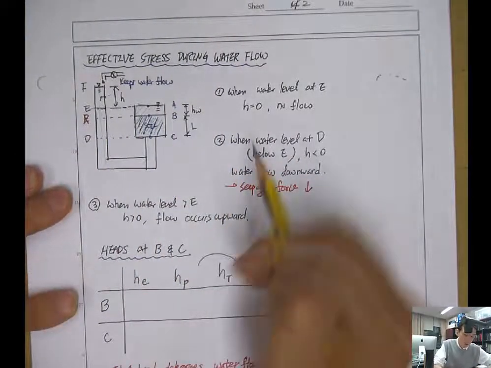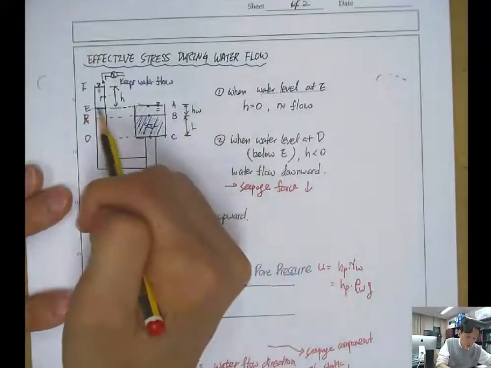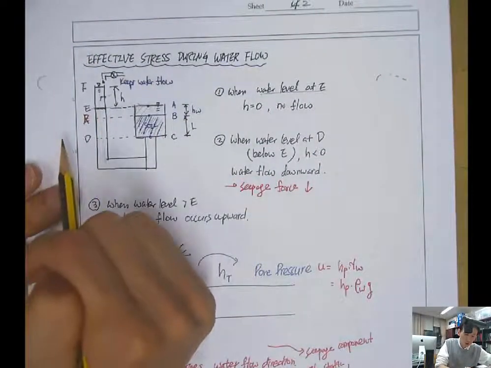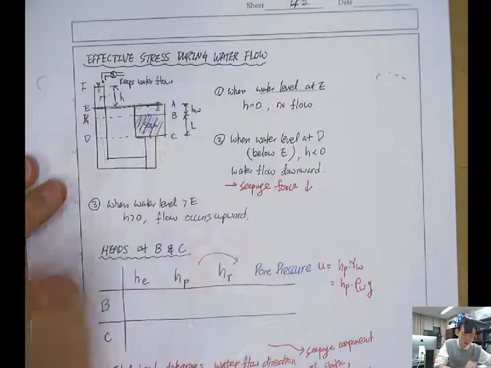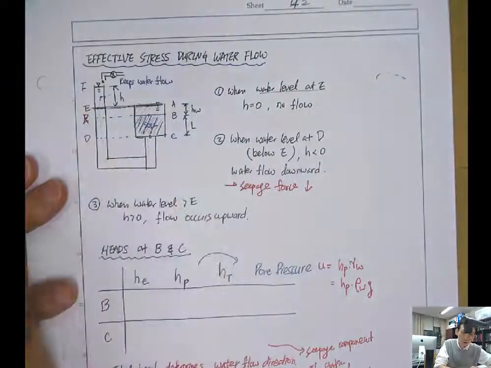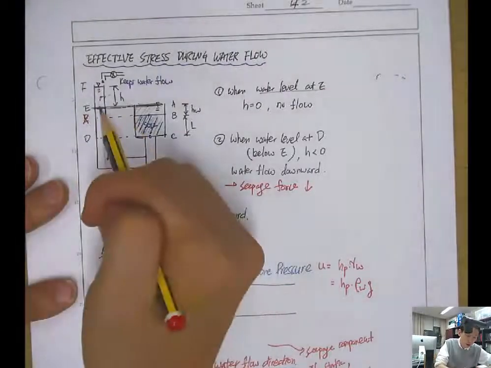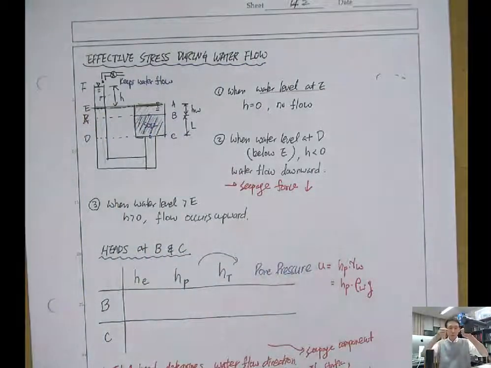When the water level is at E, the same level as the right side water reservoir, then the head difference is 0. So you're perfectly balancing the water level on the left and right side, and there's no flow because there's no head difference or energy difference.